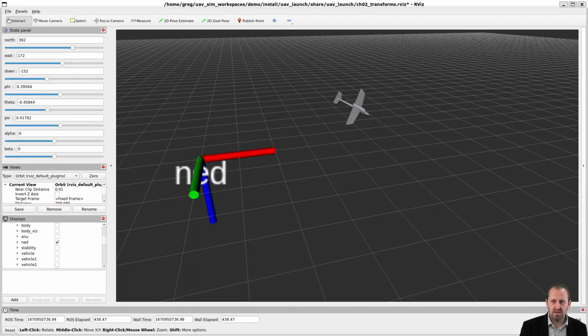So what we see here is the northeast down frame, NED, plotted with the aircraft in a particular configuration.